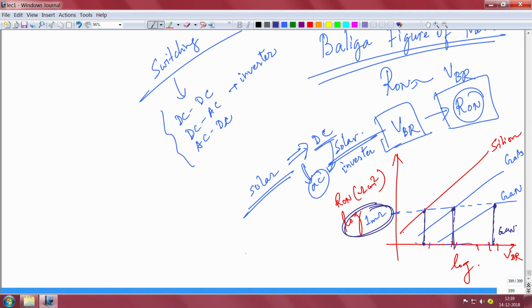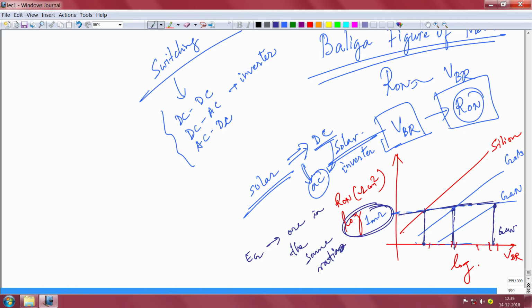That is primarily because your band gaps are in the same ratio. That is why with higher band gap material you are able to get a higher breakdown, and you will see here that the on-state resistance is the same.